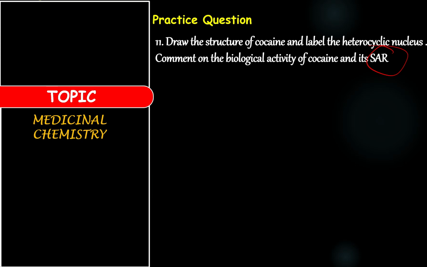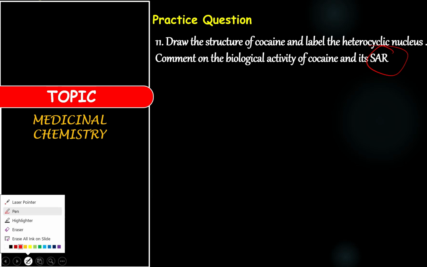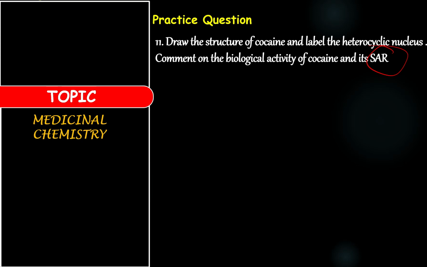So the first thing we need to do is to draw the structure of cocaine. In order for us to draw it, we have to draw a benzene structure first. Something like benzene, but here one of the carbons of benzene has been replaced by nitrogen.